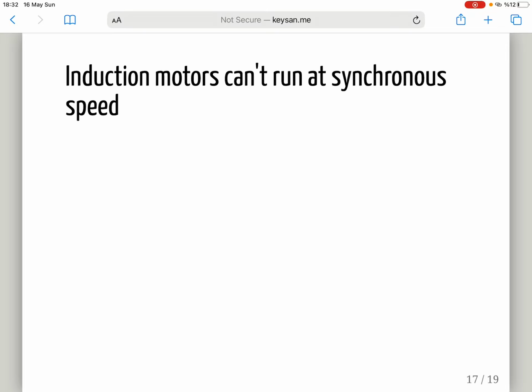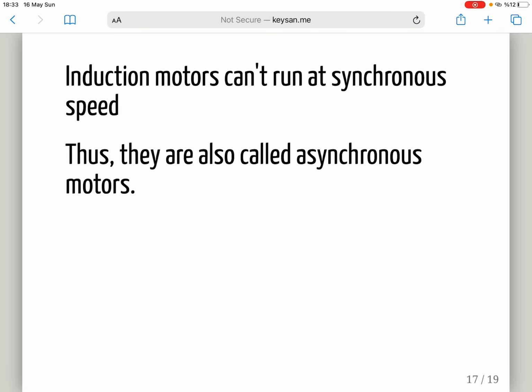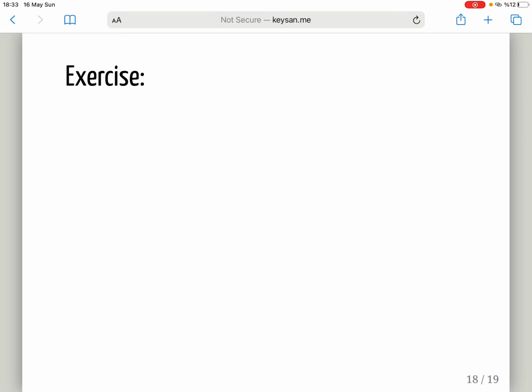Of course, you can connect some external torque and rotate the rotor manually, but in a practical application, if induction motors are working as a motor, they always have to run slightly slower than the synchronous speed, so there has to be some non-zero slip to create torque. So they are called asynchronous motors.